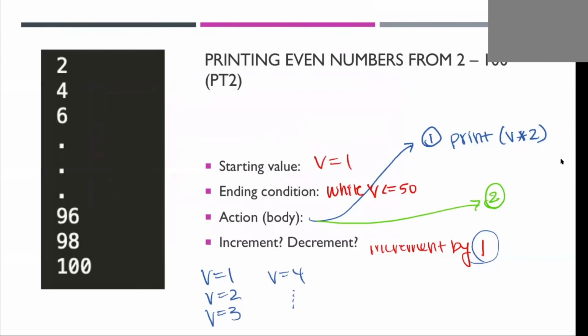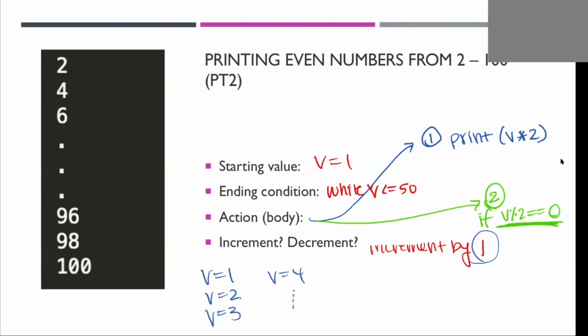What could the condition be for an if statement? What do we want to do if something is true? What are we looking for in this case? So if v modulus 2 is equal to 0, right? We want to see if it is an even number.